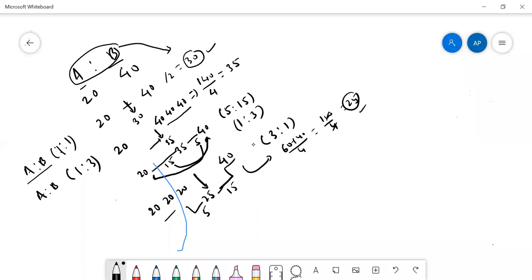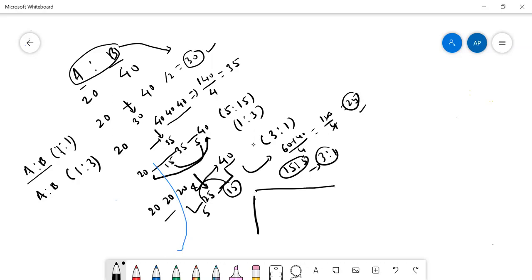So what I've told you is that this difference will give the reference of this group, and this distance will give the reference of this group. So the number of students is in the ratio 15:5, which is 3:1.